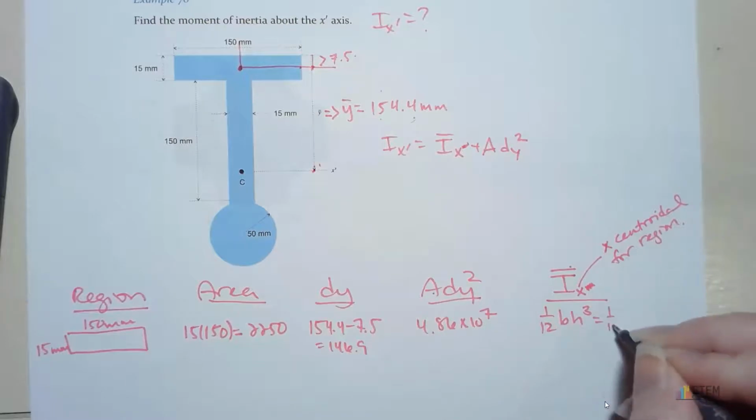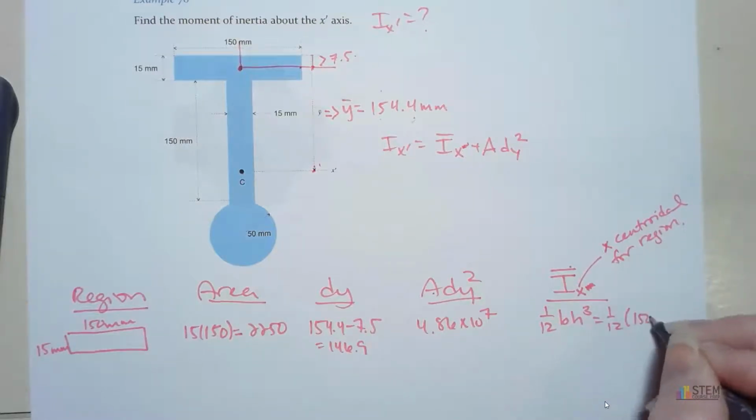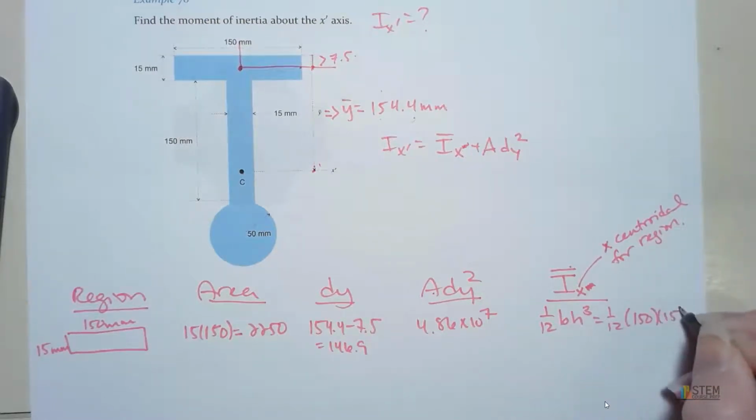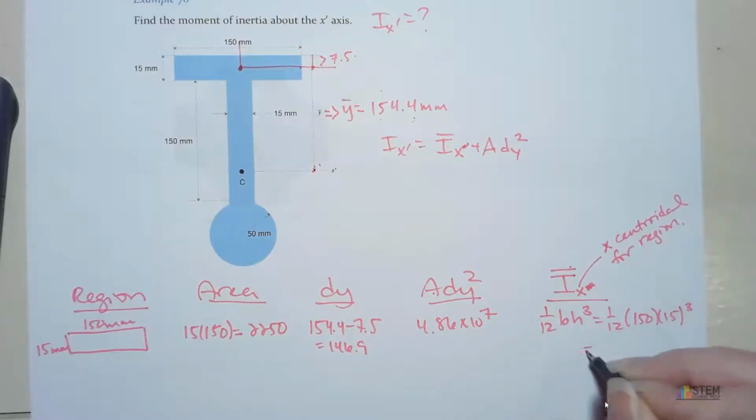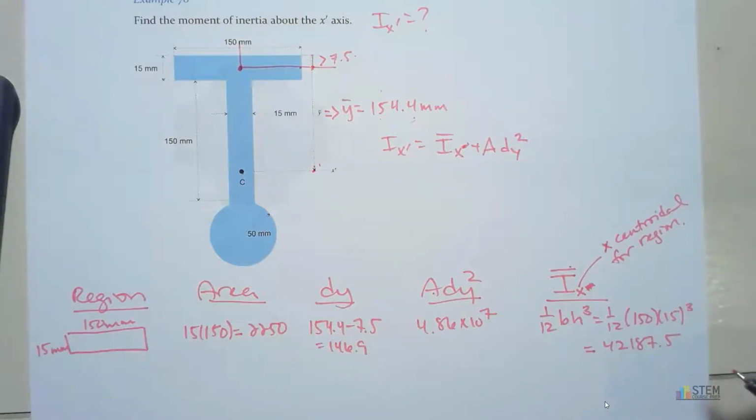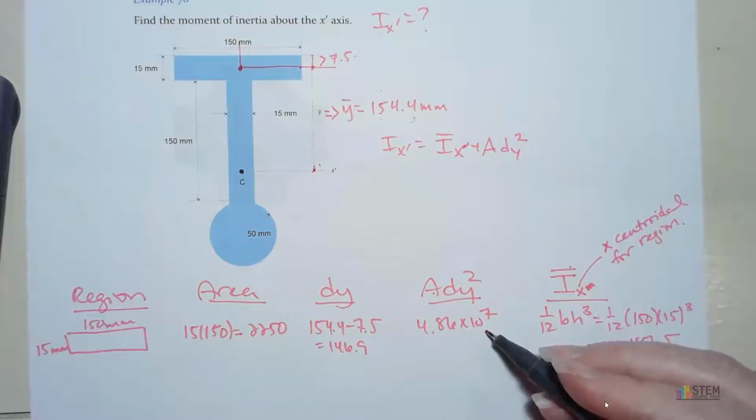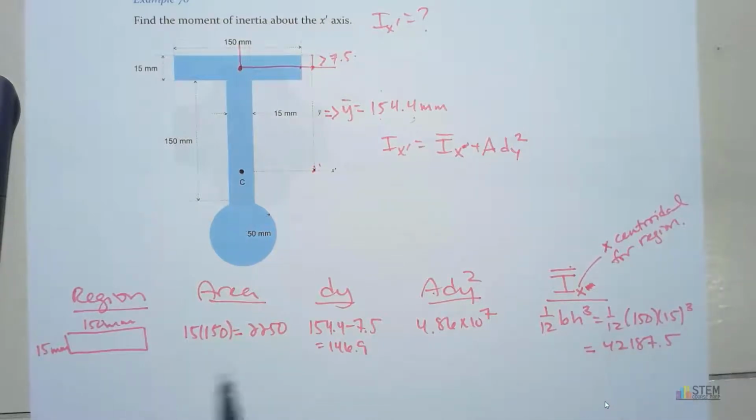That's going to give us 1/12 times 150 times 15 cubed. That gives you 42,187.5. All right. Units for this is millimeters to the fourth, by the way. Same for this, millimeters to the fourth. Now we're done with this region.